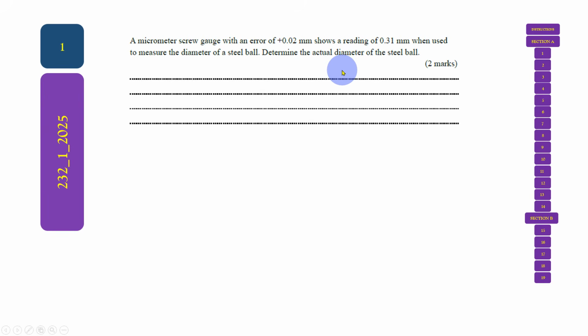This is a very simple question because for you to determine the actual diameter, you need this equation here. Actual diameter is equal to the scale reading, which is given, minus the zero error. And you can see since the zero error is positive, minus and positive gives you minus. And when you manipulate this, you get 0.29 millimeters.